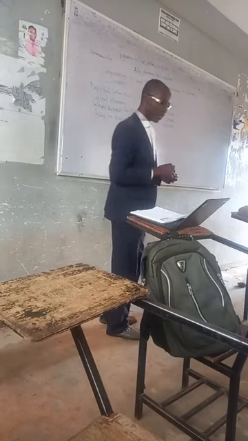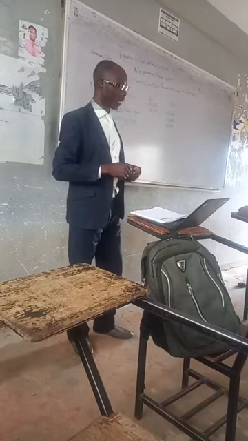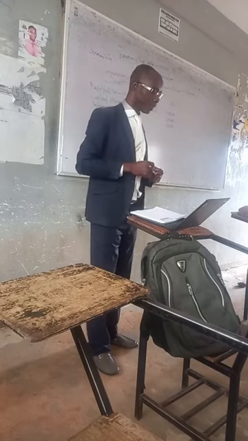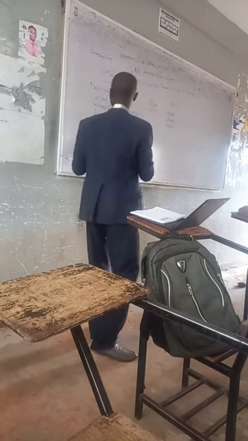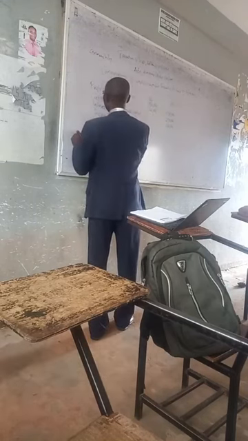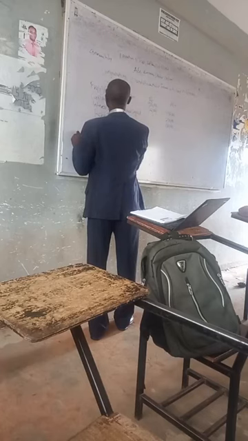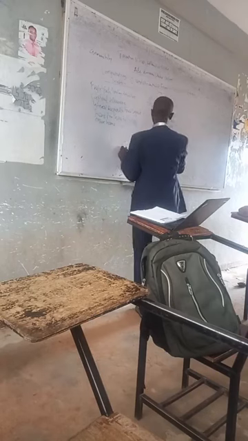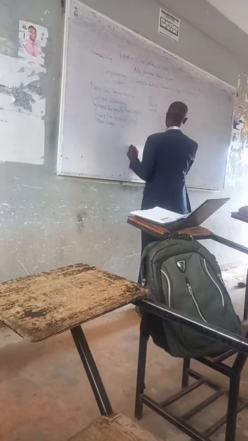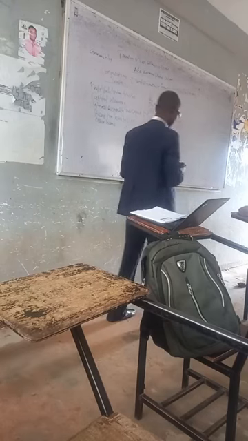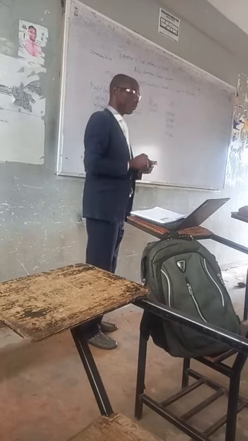Right? Alright. Do we have any other income? Okay, we say other income. How much? 163,000. Other income is 163,000 naira. Right? Do we have any other income again?